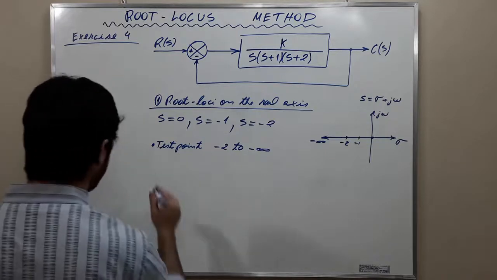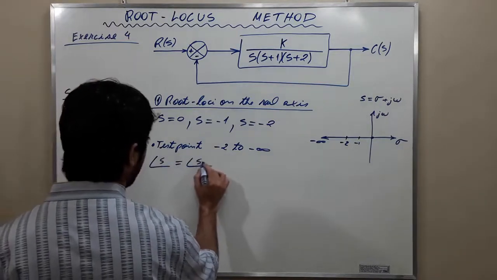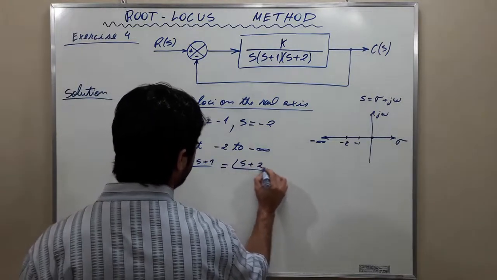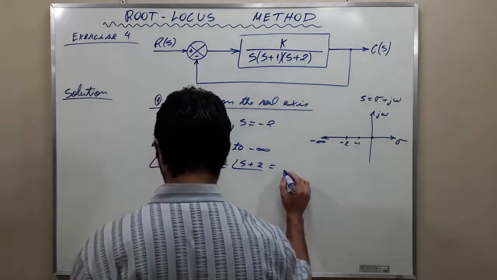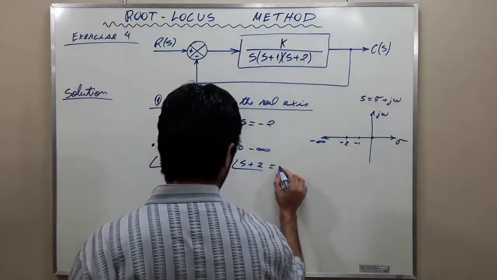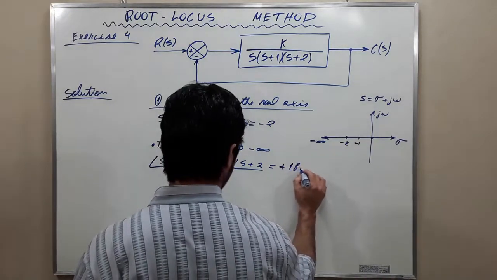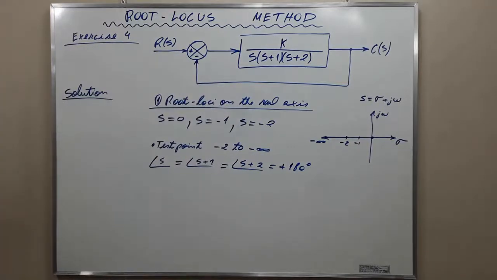Here we see that the angle of s is equal to the angle of s plus 1, which is equal to the angle of s plus 2, and they are equal to positive 180 degrees.